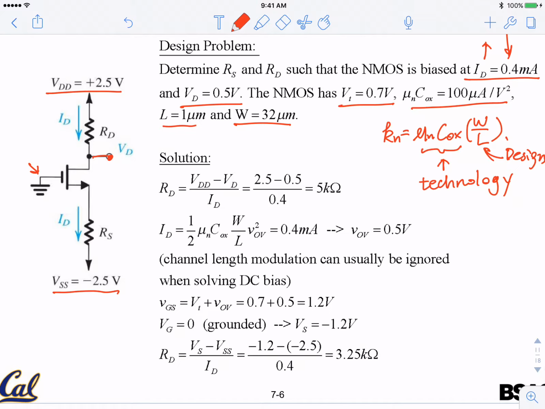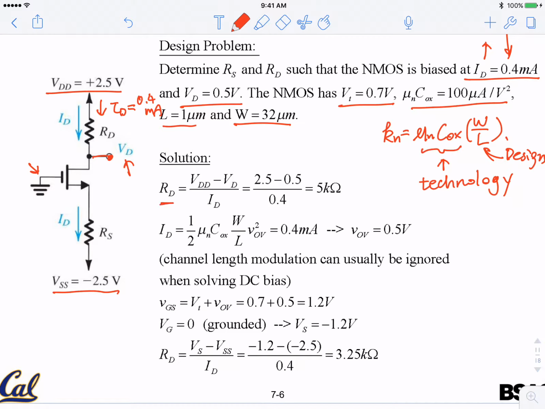Okay, so design. How do we start with the design? Well, you start with what you know. So we say we want ID to be 0.4 milliamp. So you know the current. You have a resistor. You know what your desired steady state output of VD is. Then you can calculate what resistor value you use to produce that.